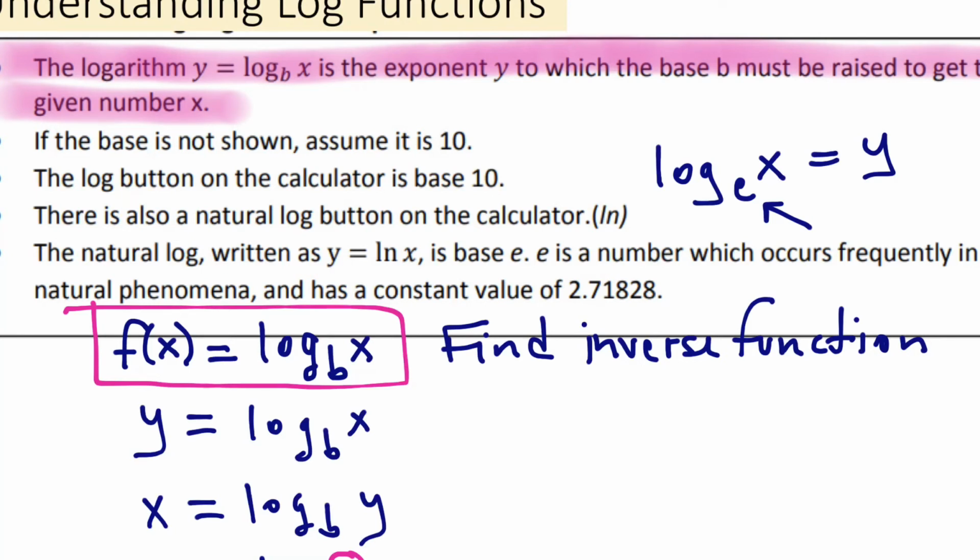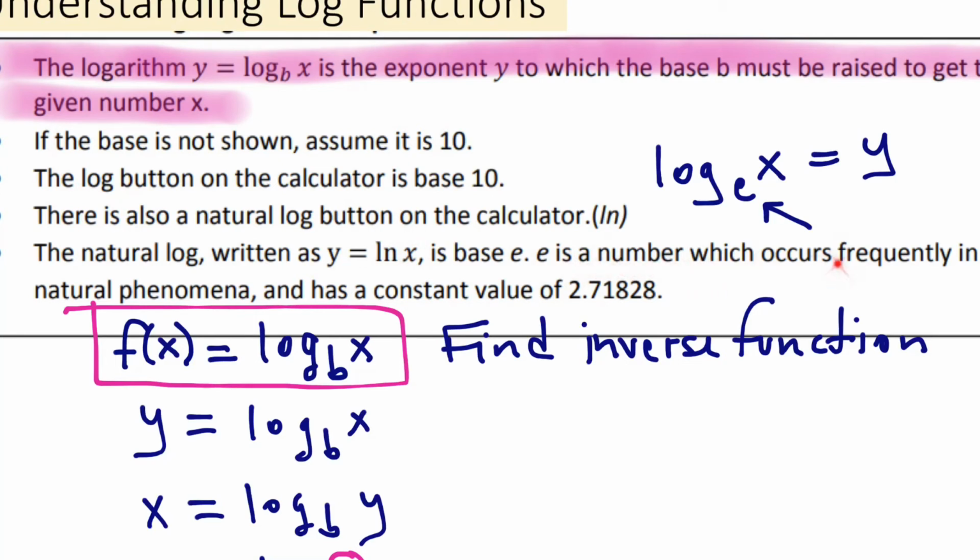We have a button for the natural log on the calculator because many of the word problems we can do in log units are problems based on real-world phenomena which have e in their formulas. So the natural log, written y is equal to ln of x, ln meaning natural log, is base e.